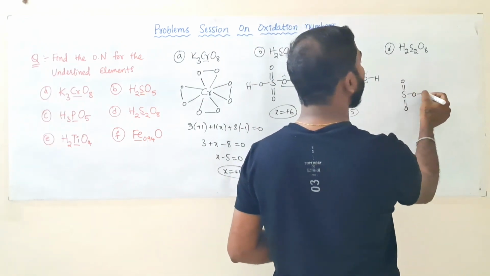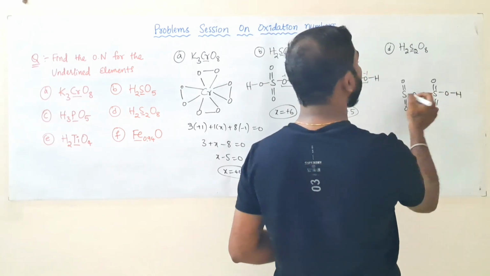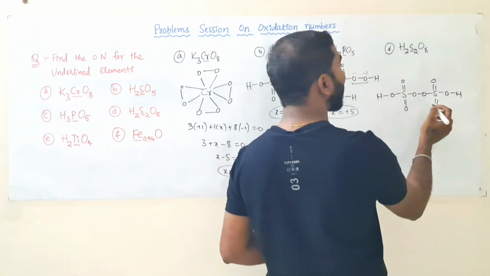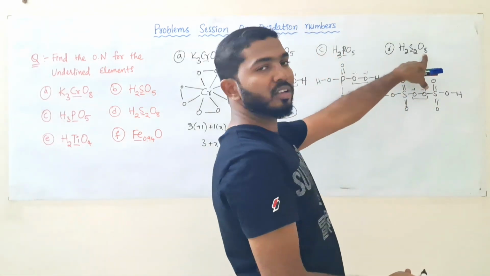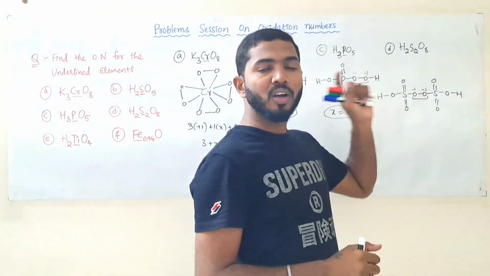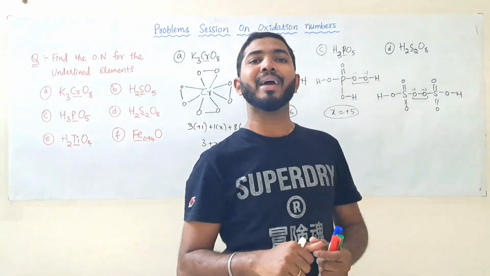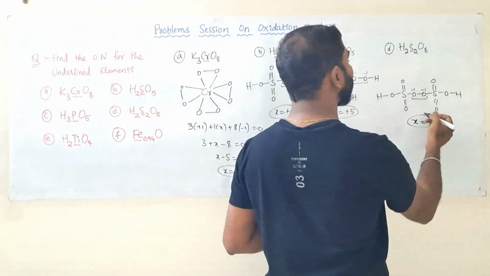This is actually the structure of H2S2O8, Marshall's acid, where these 2 oxygens are peroxy oxygens. Among these 8 oxygens, 6 are normal oxygens, which need to be taken as minus 2, and 2 are peroxy oxygens, which need to be taken as minus 1. And then finally we are going to get the x value as plus 6 again.